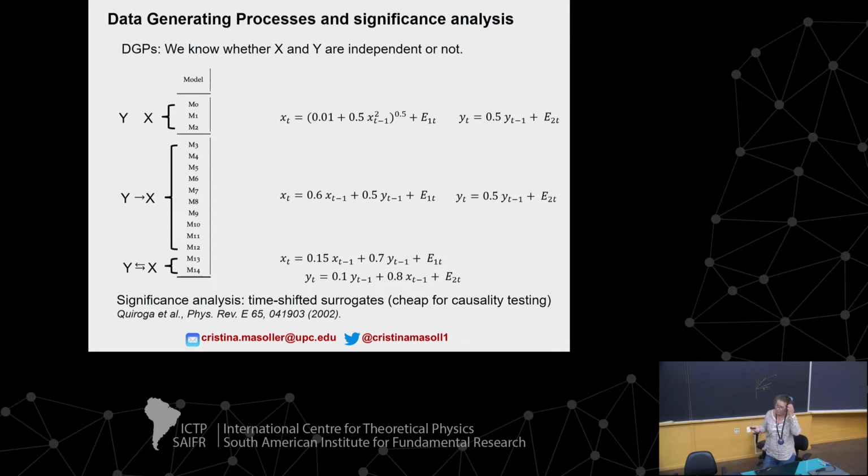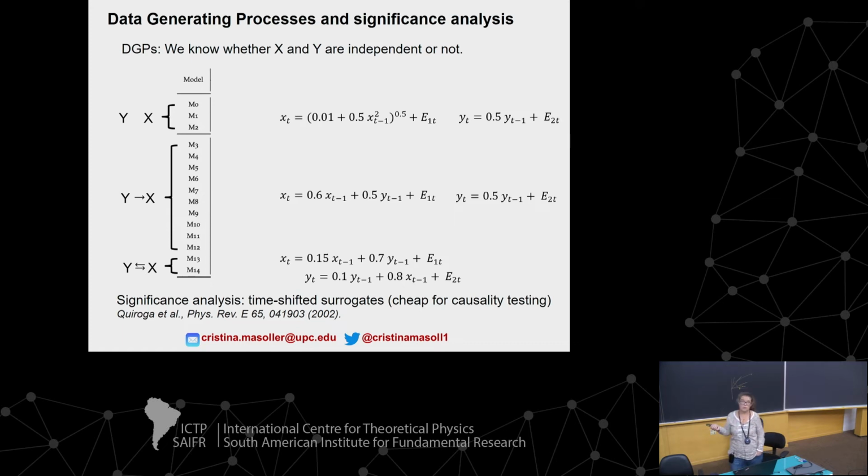So we did consider different models with linear or non-linear, and this is with delays, and I think we also added some longer delays. Which models we have, you can find them in the reference before.